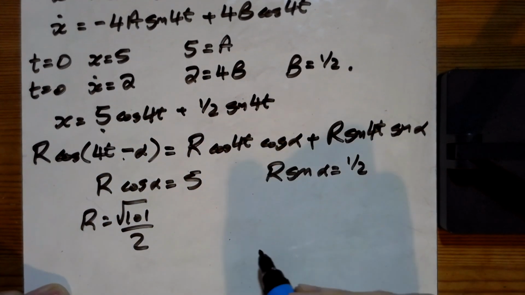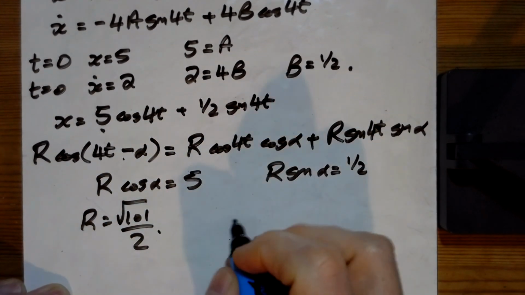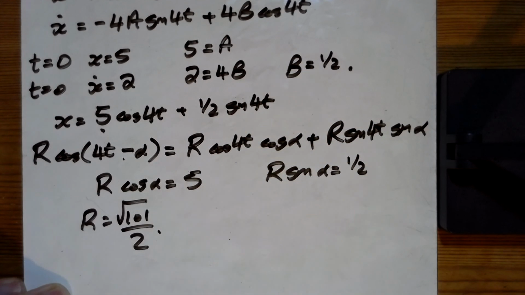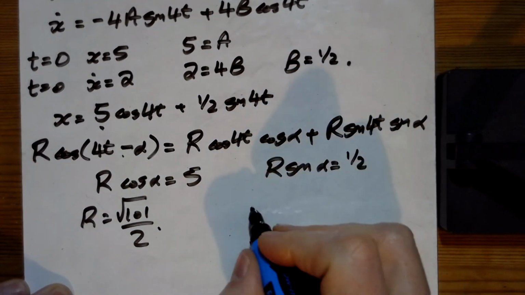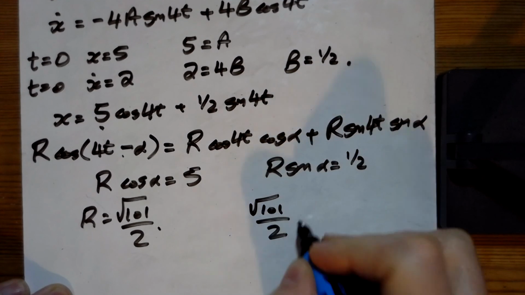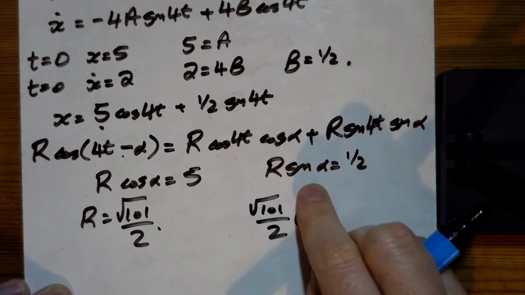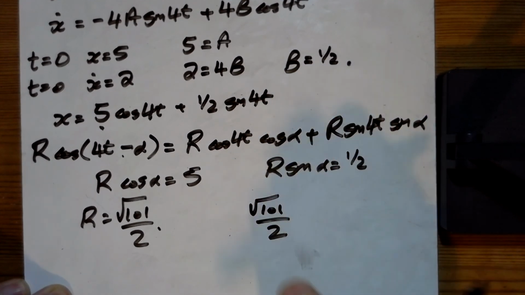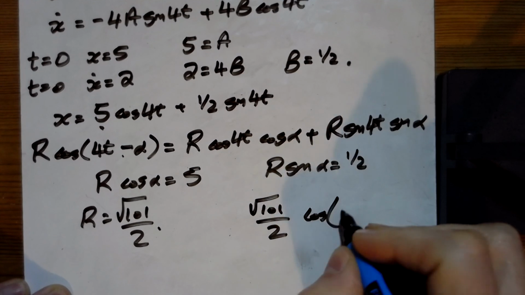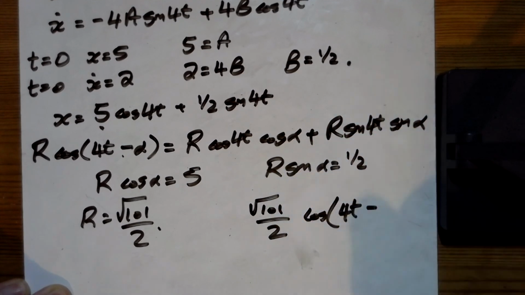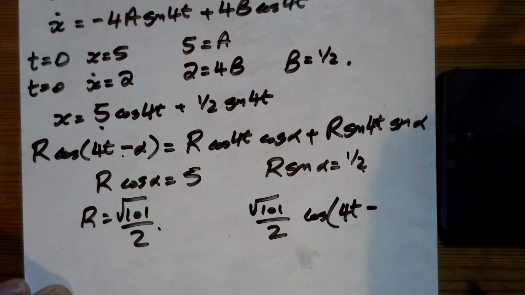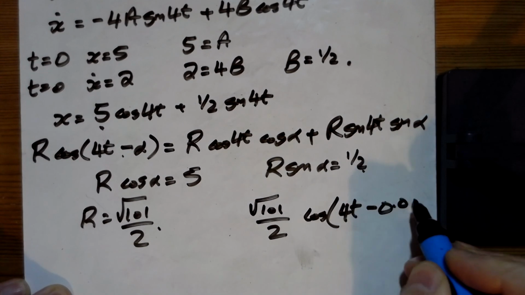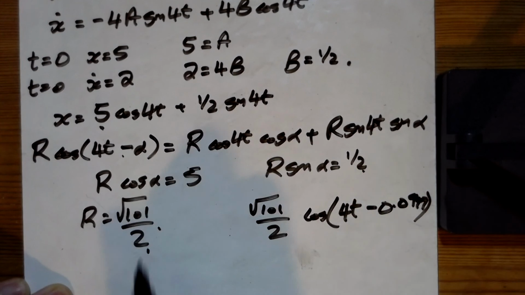And so that is the maximum displacement. This whole thing is equal to root 101 over 2 times cos of 4t minus, and I've done an inverse tan of a half over 5 here as well, so that's 0.0997.